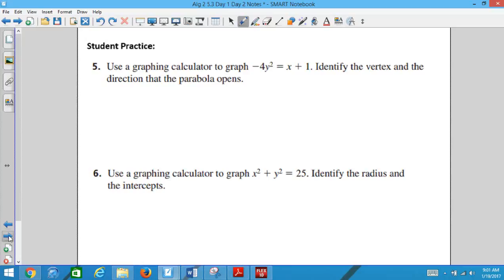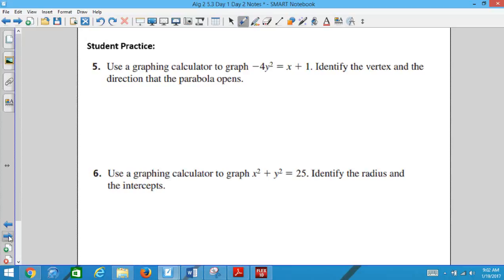You just need to type it in your calculator. You can, however, solve by dividing by negative 4, and then you square root.